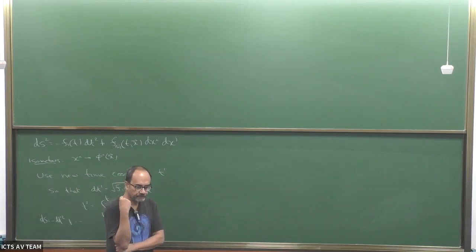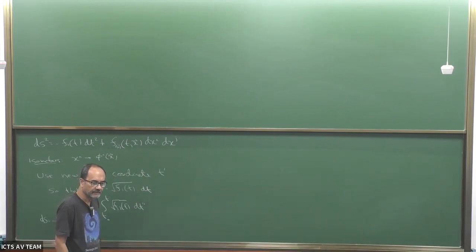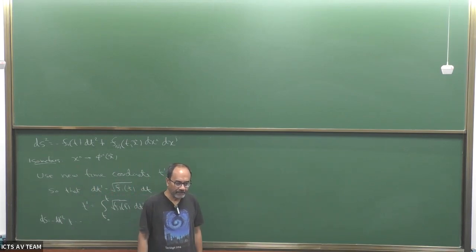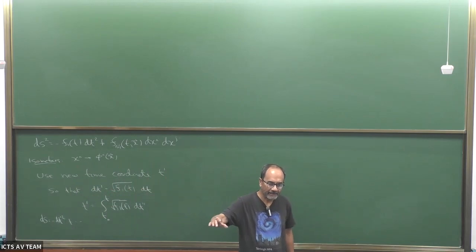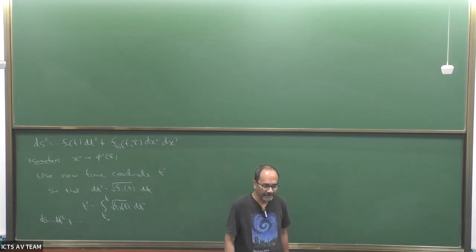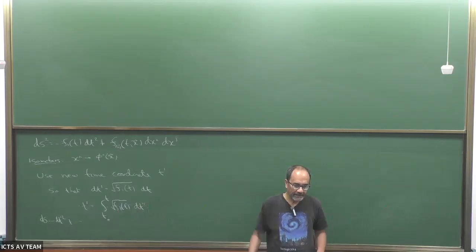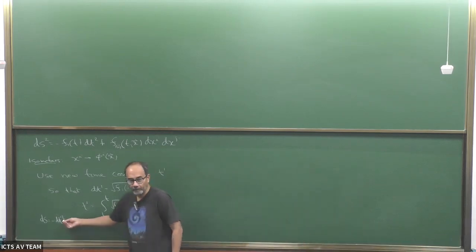I'll call this new t' cosmic time. How do we define cosmic time? The constant time slices have the homogeneity and isotropy property. So the microwave background has the same temperature at constant time slices. Whether you take a constant t slice or a constant t' slice, it will have the same property, because constant t corresponds to constant t'.